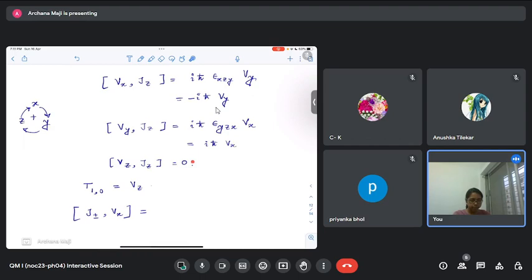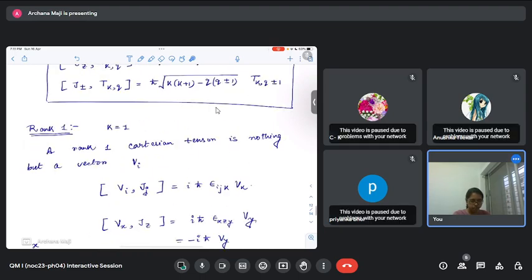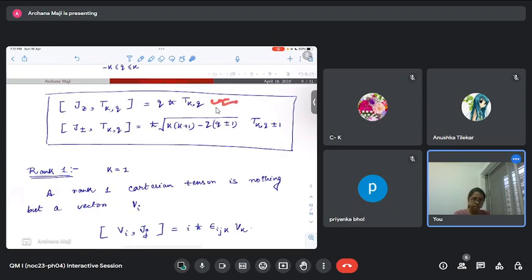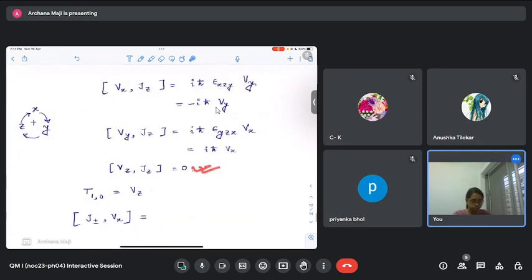And then we compared it with this equation that a spherical tensor satisfies, and we said that q has to be 0 for this to be true, and so that means this vector must coincide with the spherical tensor of rank 1 with q equal to 0.